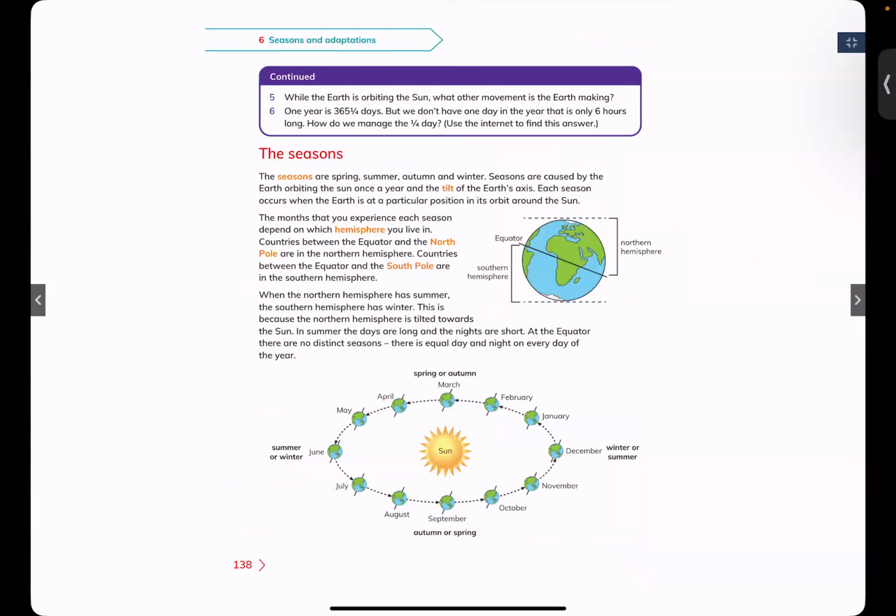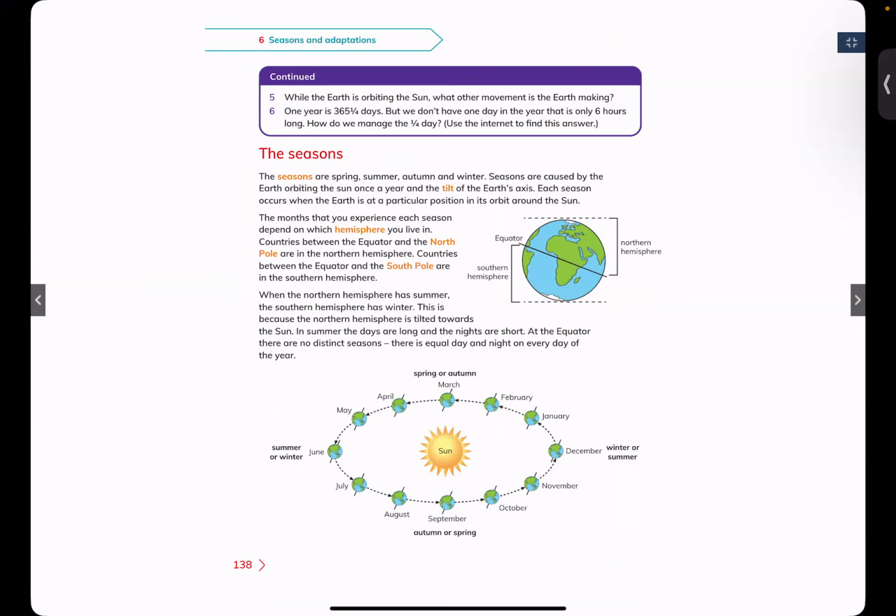Here, on this page, it's talking about the seasons, and we know there are 4 seasons, and exactly how seasons are formed is explained here. Earth is divided into 2 hemispheres, northern and southern, and the equator divides it.